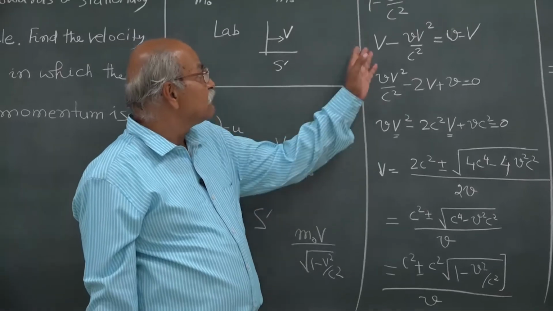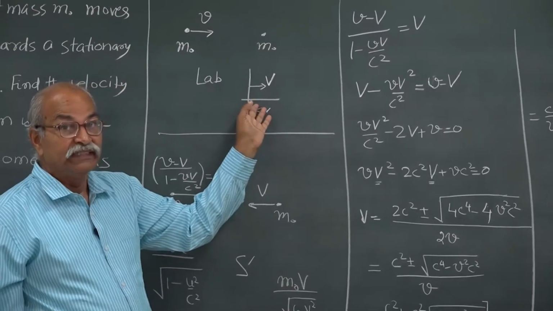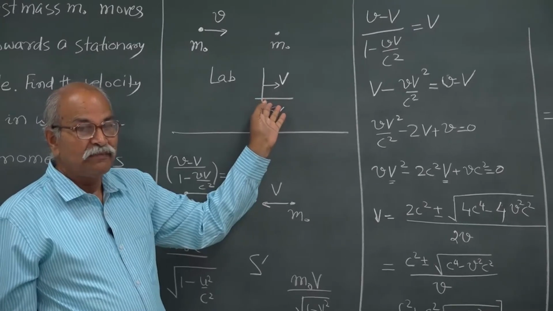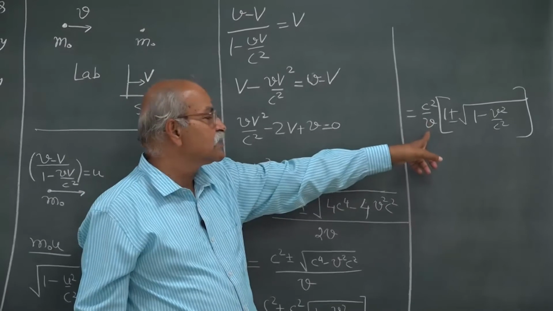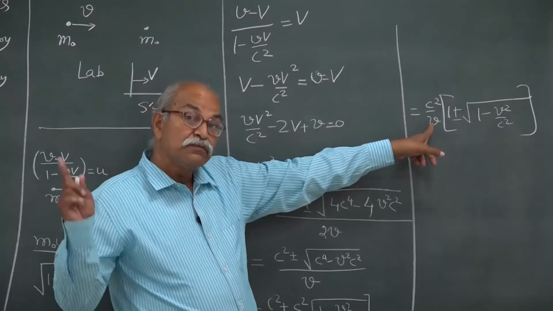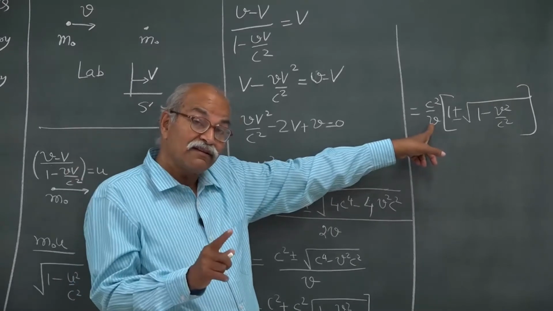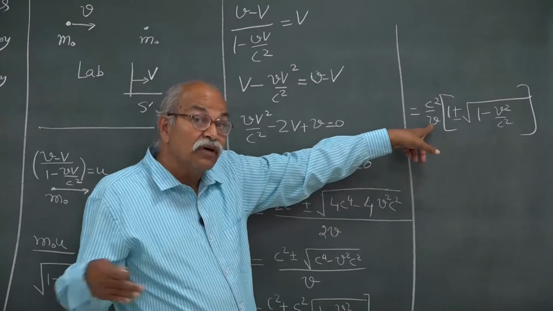Now, this is capital V. This is the velocity with which this S prime has to move, if the total linear momentum is 0. This quantity c square by v is already greater than c, because small v is the speed of the first particle, which cannot exceed c anyway. It has to be smaller than c.